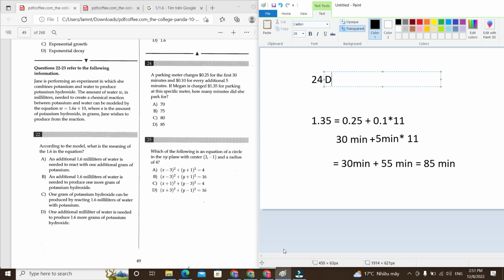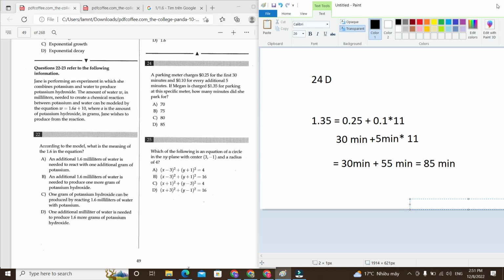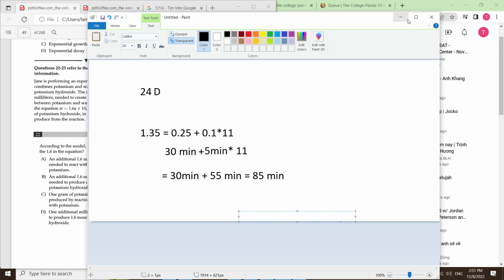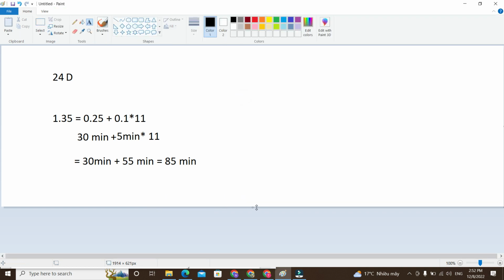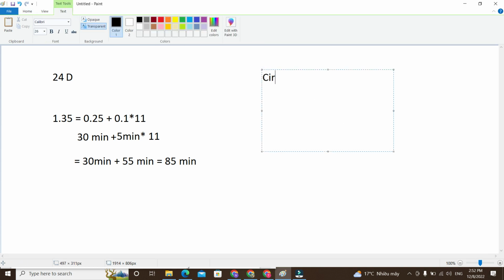For a circle, we have the characteristic equation.